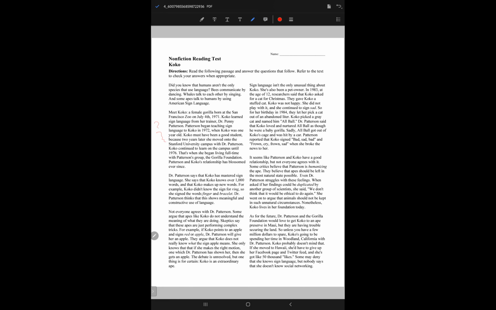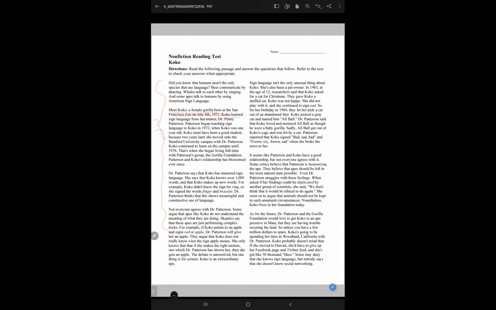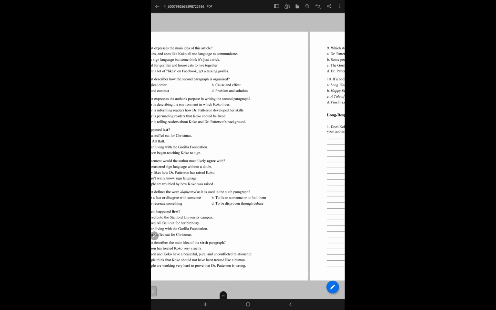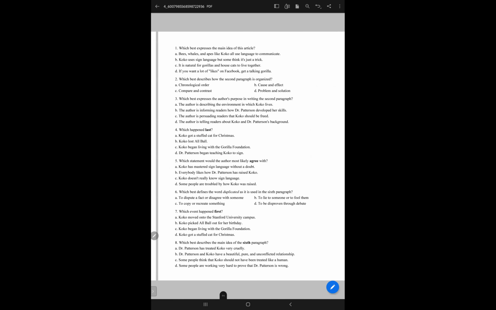Some small notes, highlight or underline, whatever. Maybe read the first part and then go answer the questions. You have 10 questions. This is what we will do next session.